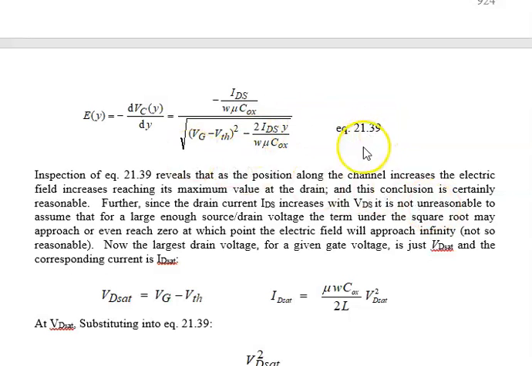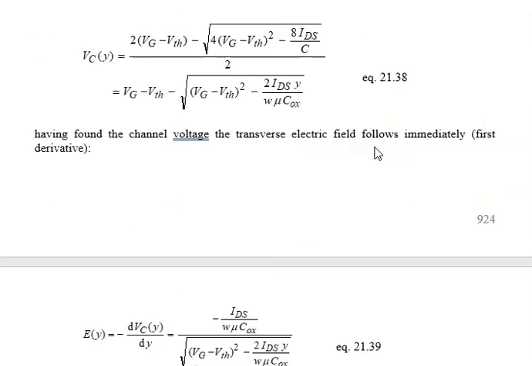And basically all I'm doing to get 2139 is differentiating VCY with respect to y. So this is the term of interest. This is a constant, so a constant goes away. The derivative is 0. I have a 1/2 here, so differentiating, it becomes a minus 1/2.